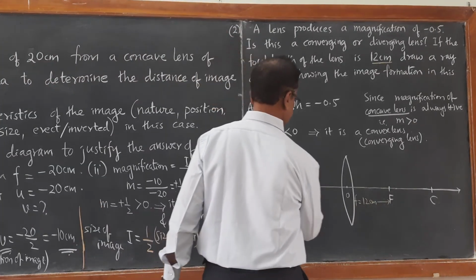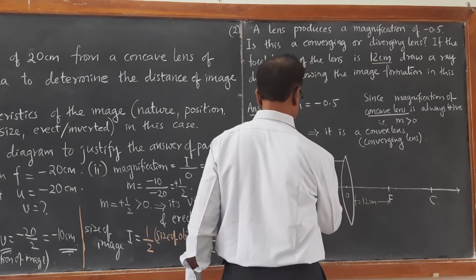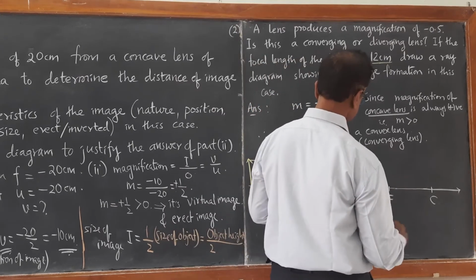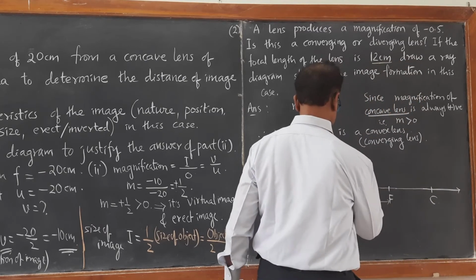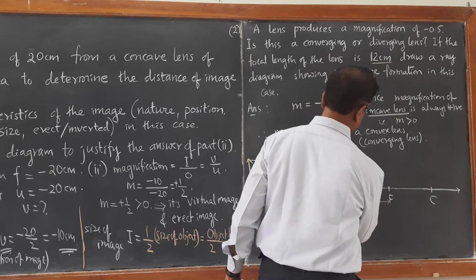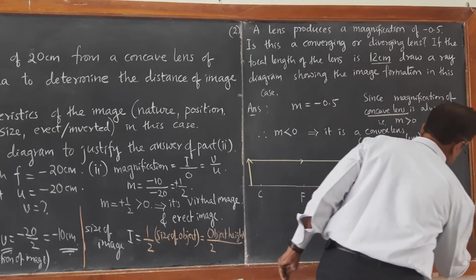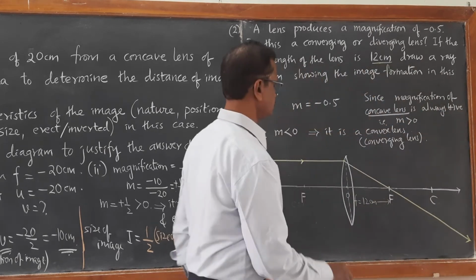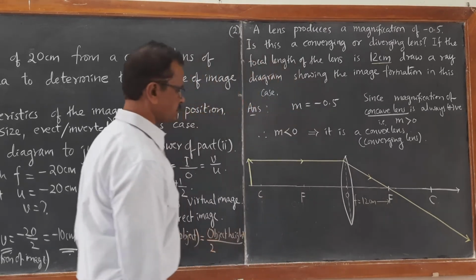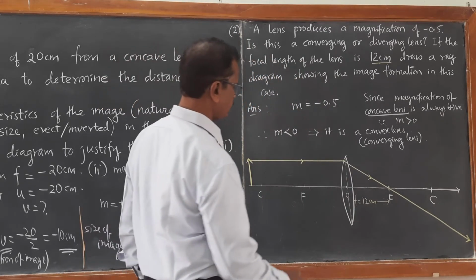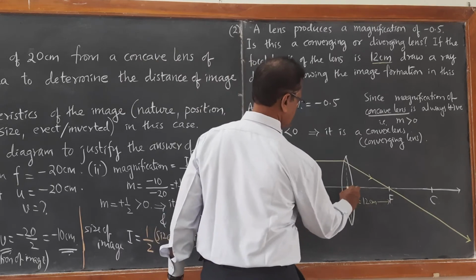Draw one ray of light parallel to the principal axis, and after refraction, the ray of light passes through focus, right? And then another ray of light you have to take, the one passing through optic center.